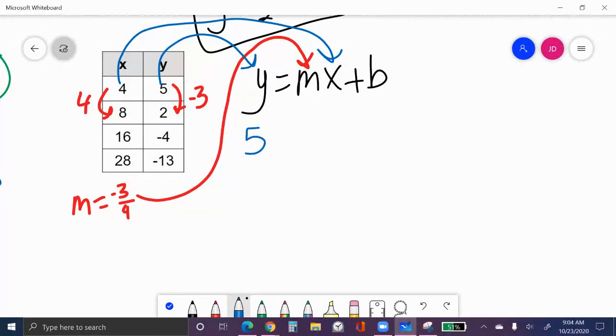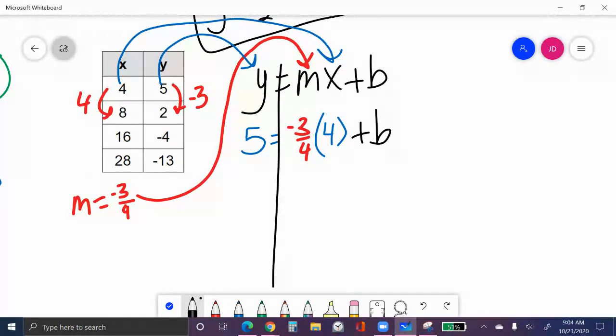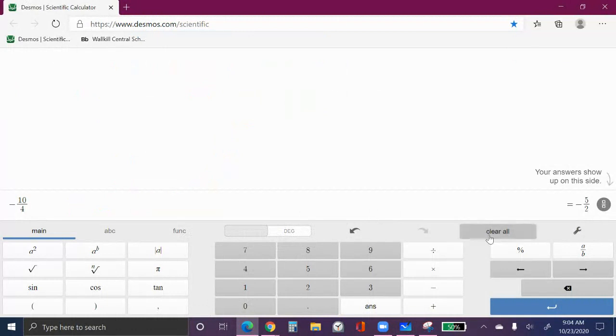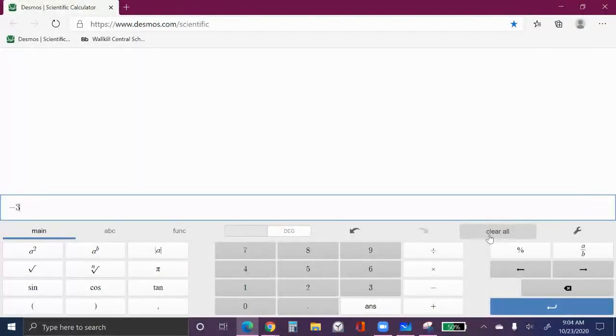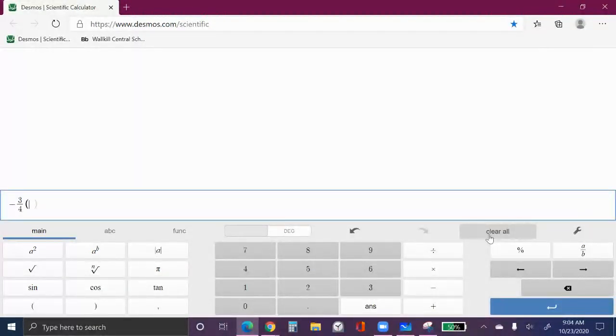So we have 5 equals -3/4 times 4 plus b. And we have to isolate the b, get the b by itself. -3/4 times 4, I know that's -3 off the top of my head, but if you need to use the calculator to help you, you can do that. -3/4 times 4 is -3.